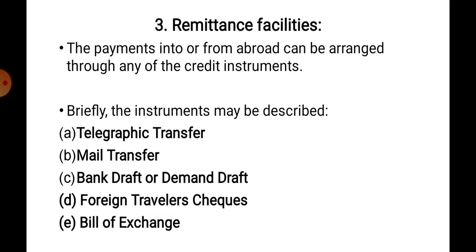Briefly, the instruments may be described: telegraphic transfers (TT), mail transfer (MT), bank draft or demand draft (DD), foreign travelers' checks or bill of exchange. The foreign exchange department of a bank can also arrange for remittance facilities into and from abroad through various modes of transfers.